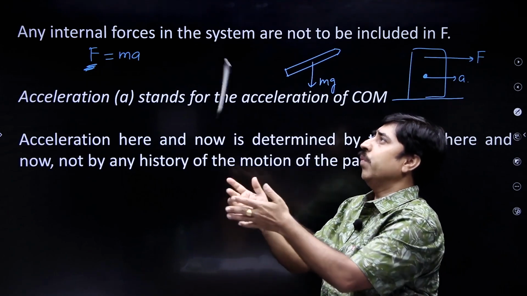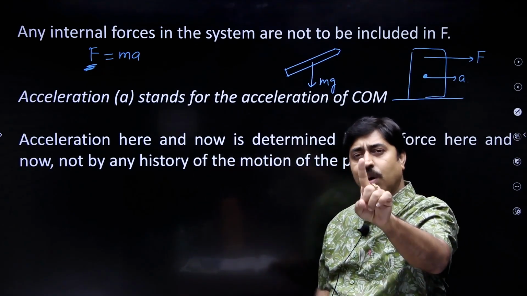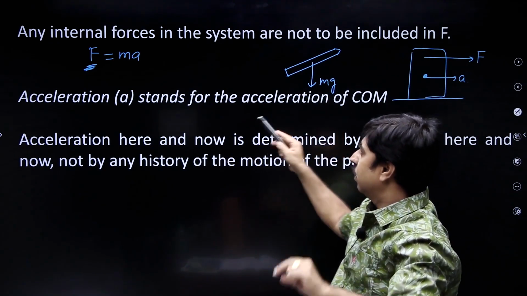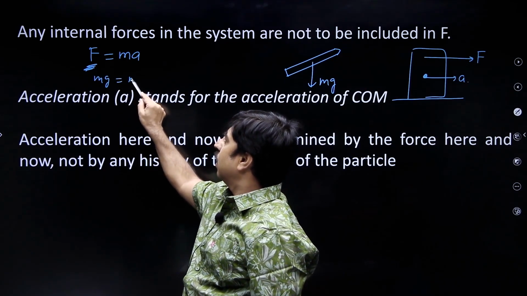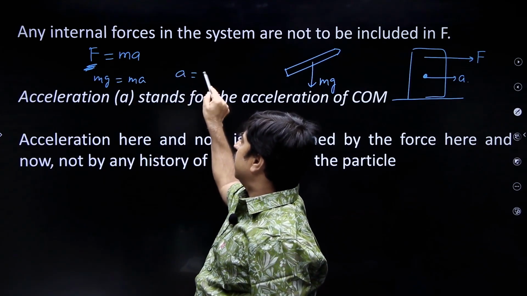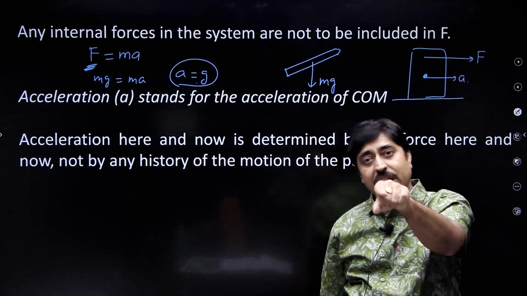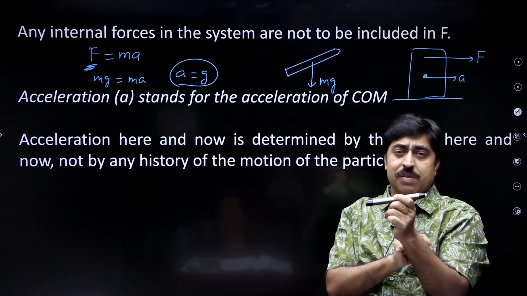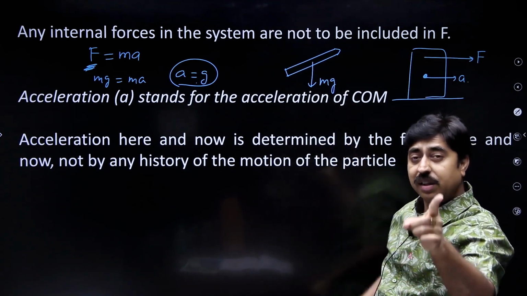Though this pen is moving in a very complicated manner, I am confident about one thing: total external force is mg, that is equal to ma, which means A is equal to g. What is A here? A is acceleration of center of mass of the pen. The pen has a special point, a center of mass, and acceleration of center of mass is certain, it is g.